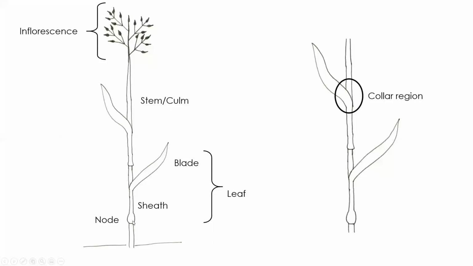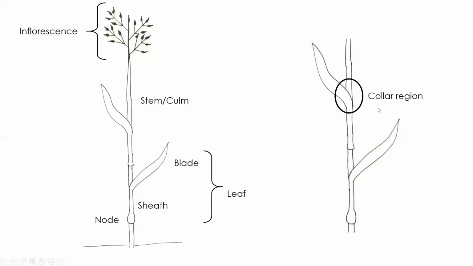Where the sheath ends on the stem, it's going to form that swelling or that joint that we can also call a node. Okay, so we have the stem, we have the blade and the sheath, and then the node where the sheath ends. Another term that you may hear is the collar or the collar region.